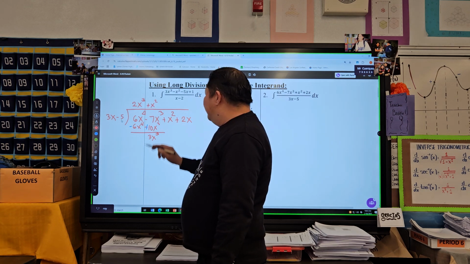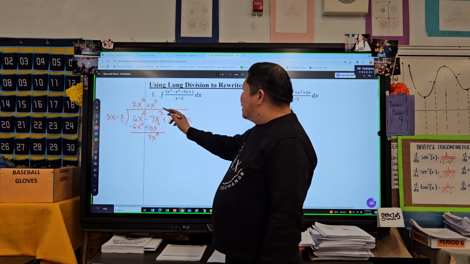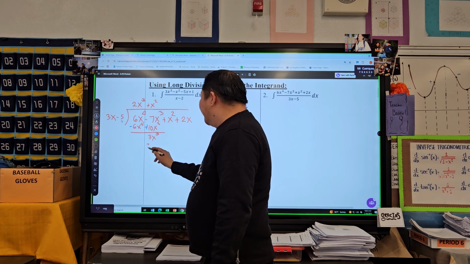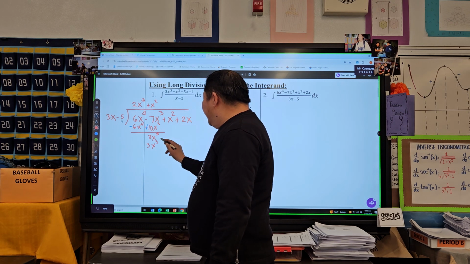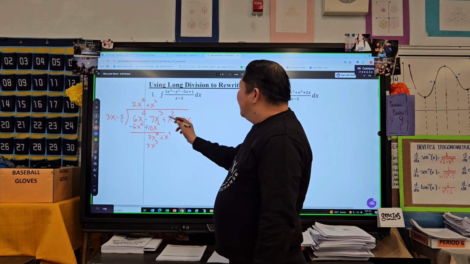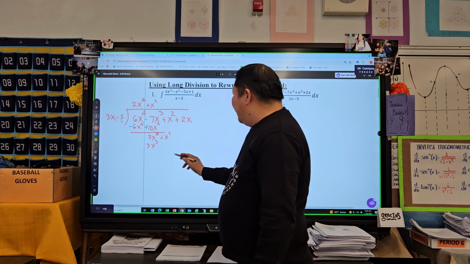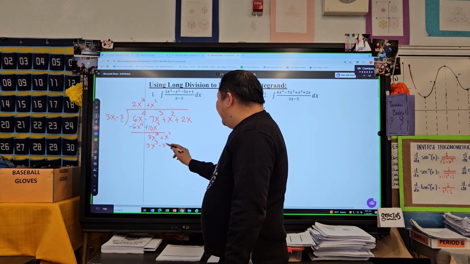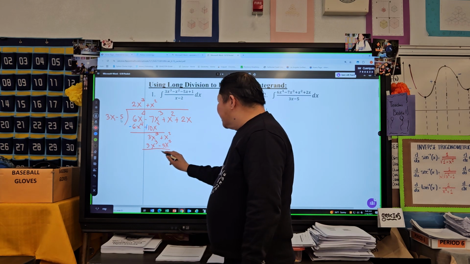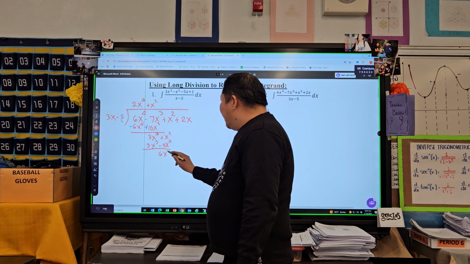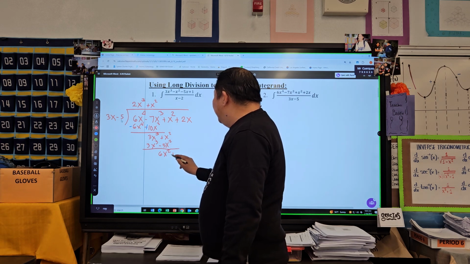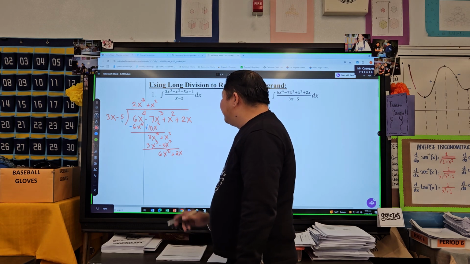So x squared times 3x is 3x to the power of 3. So I have to bring this down, the x squared, and then x squared times negative 5 is negative 5x squared. Then change the sign of the subtrahend. This now becomes 6x squared. And then you add or bring down 2x.